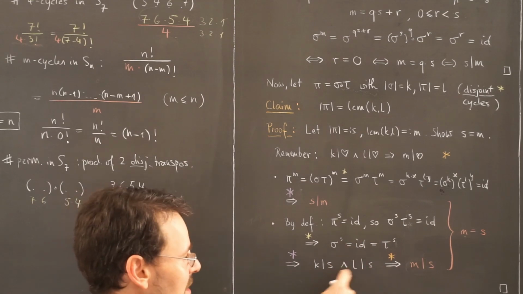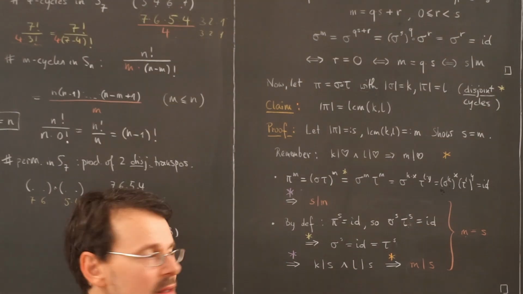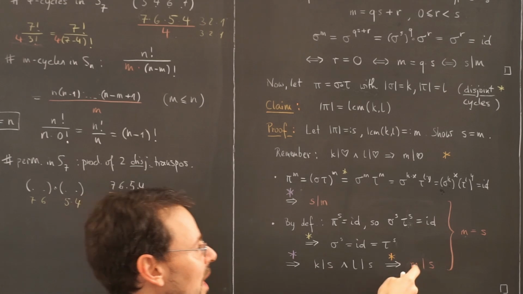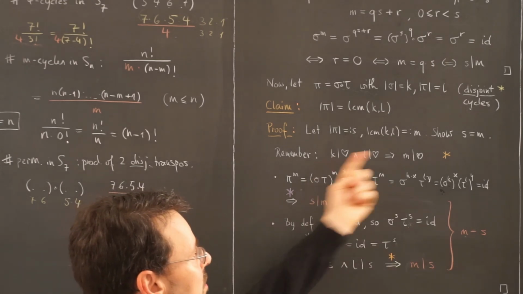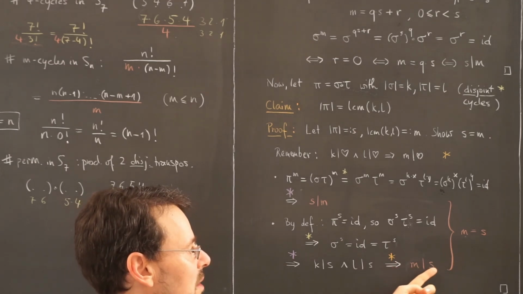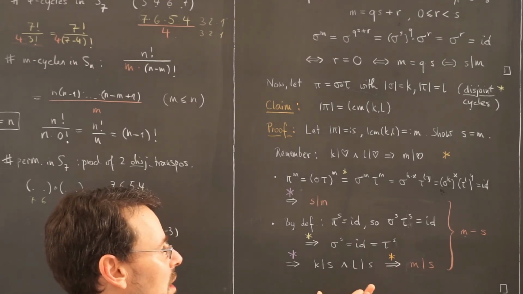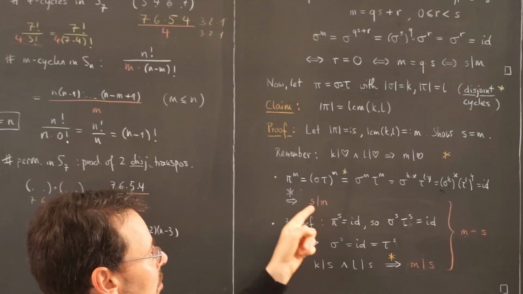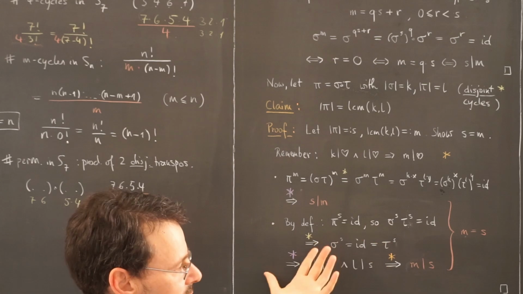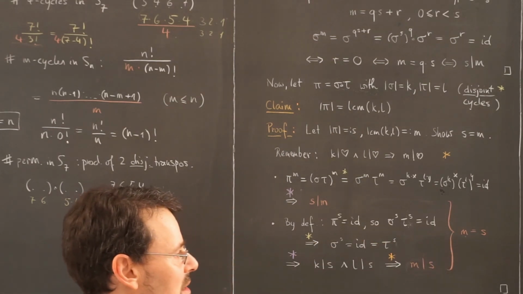So, s is a common multiple of k and l because both of them divide s, but m is the least common multiple. So by this property here, we already know that m, the least common multiple, must be a divisor of s. And now we are done, because s divides m and m divides s. This is only possible if m equals s.